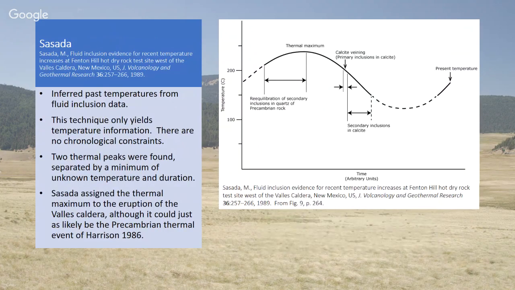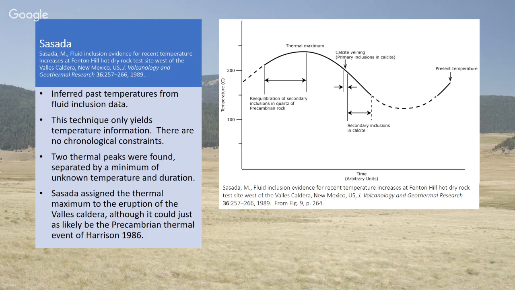This is interesting in that it's a very different technique. It's based upon fluid inclusion. To be honest, I'm not that familiar with the whole methodology, but basically the idea is that if there are hydrothermal fluids captured in some of the minerals, you can examine how they behave under temperature and pressure, and based upon that, infer at what temperature the fluids had to form, because things will equilibrate at a certain temperature, and then when it cools down, you'll have some phase separation.